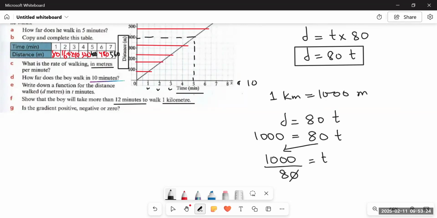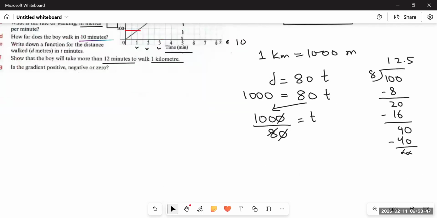Now we will cut the 0 with the 0. 8 ones are 8. And if we divide 100 by 80, what do we get? 8 twos are 16, 4.0, 540. So how much time does it take to travel a distance of 1000 meters?